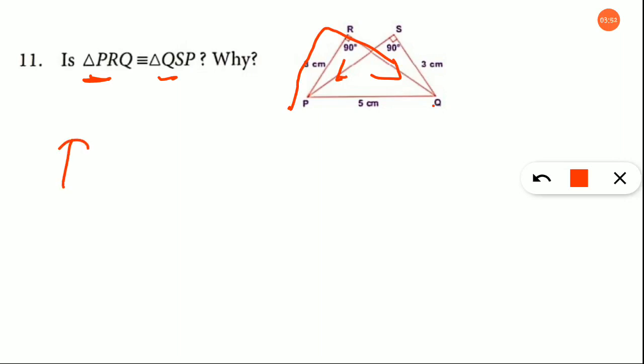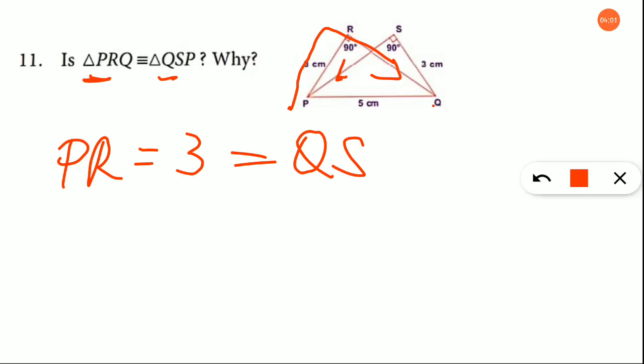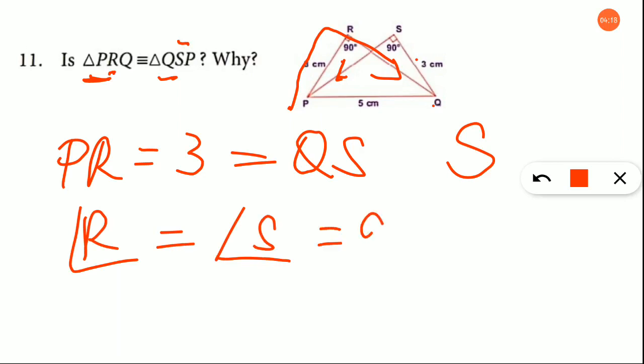So first, PR is equal to 3 centimeter and QS is also equal to 3 centimeter. So first side is true in both the triangles. And next, this angle R is equal to angle S. Both are 90 degrees. So there is one angle also common in both the triangles.